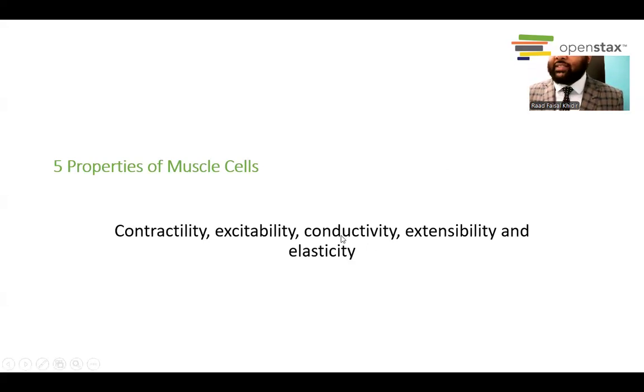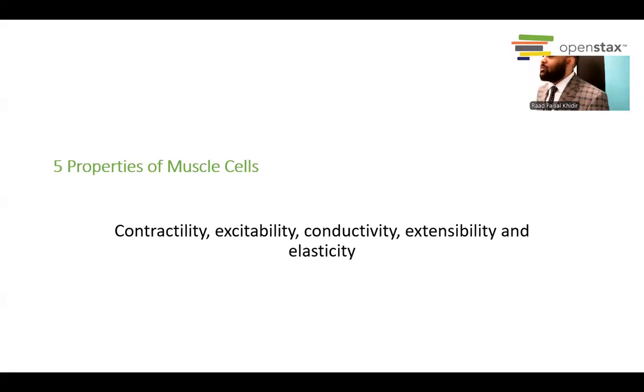And elasticity, that is a structural component. A structural component of your muscle tissue is that it is elastic, it is malleable, it is not rigid like the bone. No muscle cell is going to be rigid because it doesn't have what makes the bone rigid and strong, the cartilage.